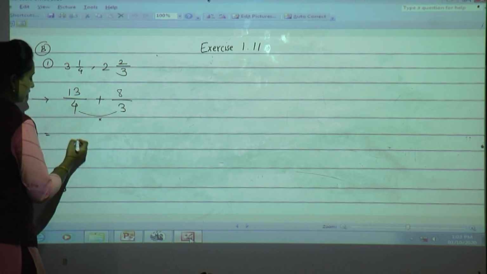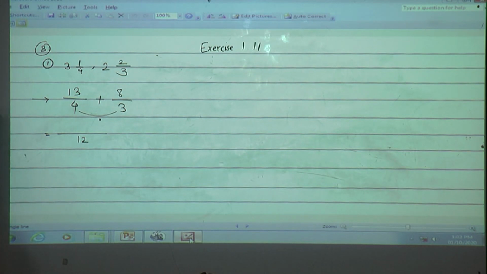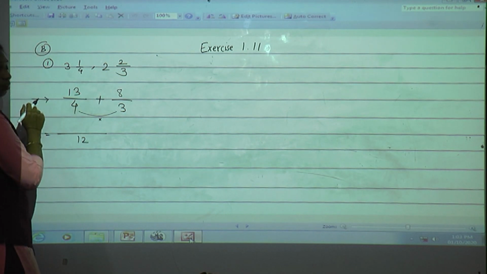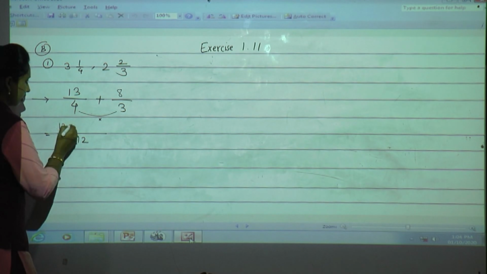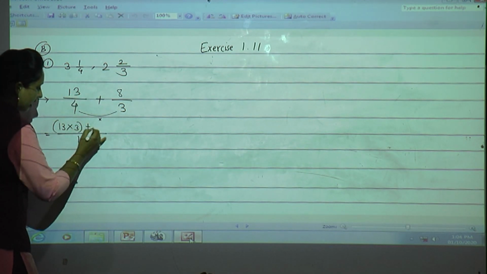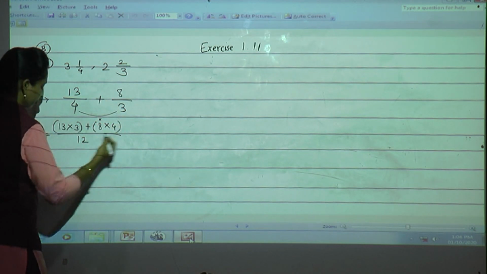Okay, 4 3s are 12. And the next is what you have to do? Cross multiplication. That is 13 multiplied by 3 plus 8 multiplied by 4.